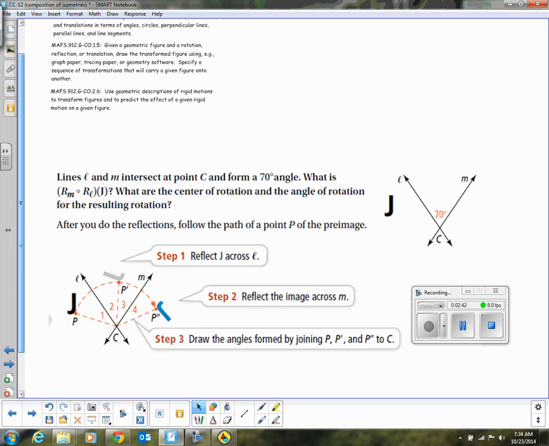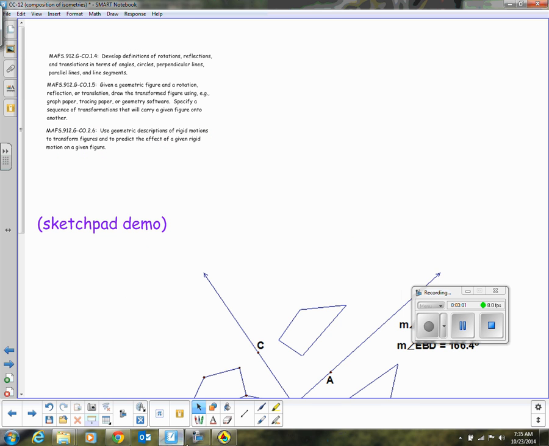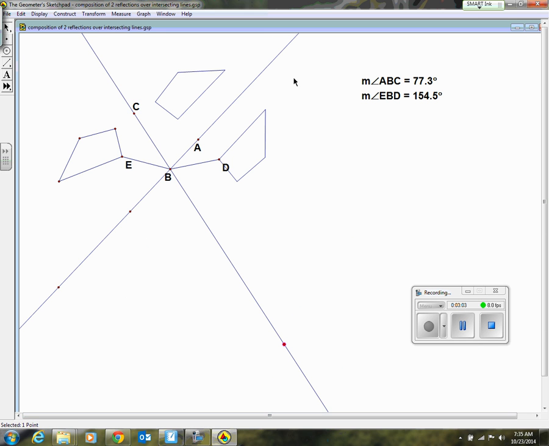So if this is 70 degrees, what will the rotation over M and L be? This is 70. What will the whole big rotation be? 140. Right? Let's go back. Let's pull Sketchpad back up.